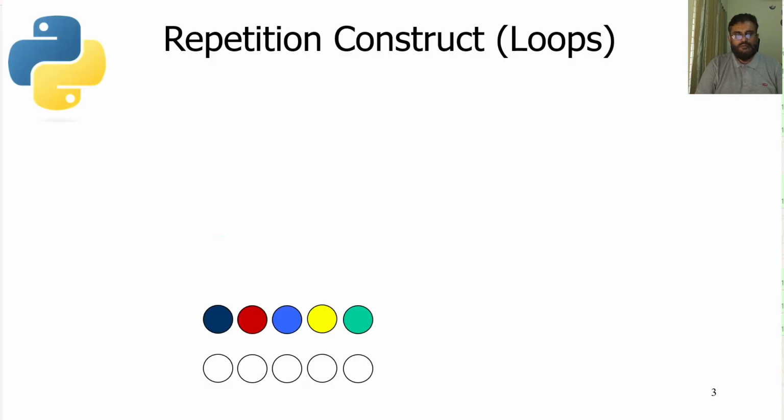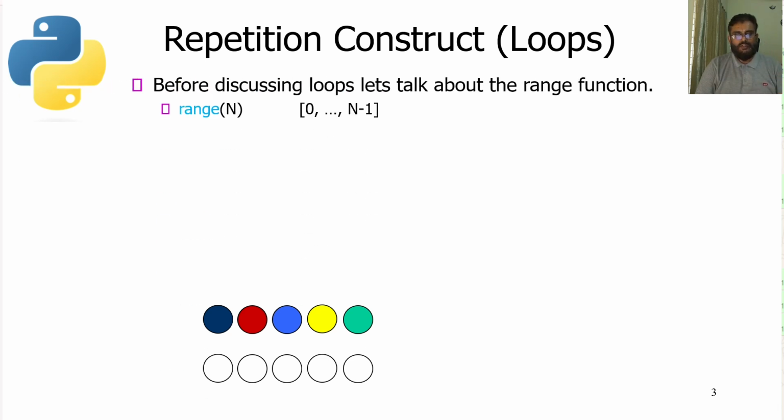So when you want to repeat a certain set of statements in any programming language like Python, you can make use of the loops. And before that, we would like to have an understanding of the range function, as this can also be used in executing the looping statements. When I make use of the range function, I need to give some parameter which is going to be an integer, and the range function will execute from the index 0 to the index n minus 1.